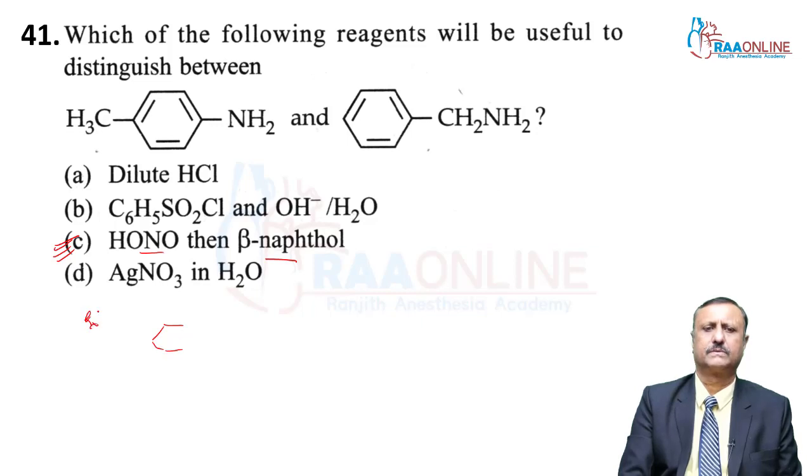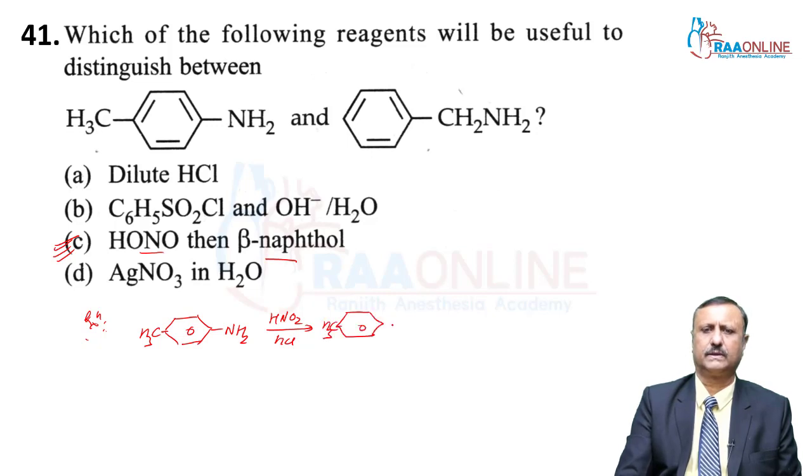You can see this reaction. This is a CH3 group, this is NH2, and you add HNO2 in the presence of HCl.